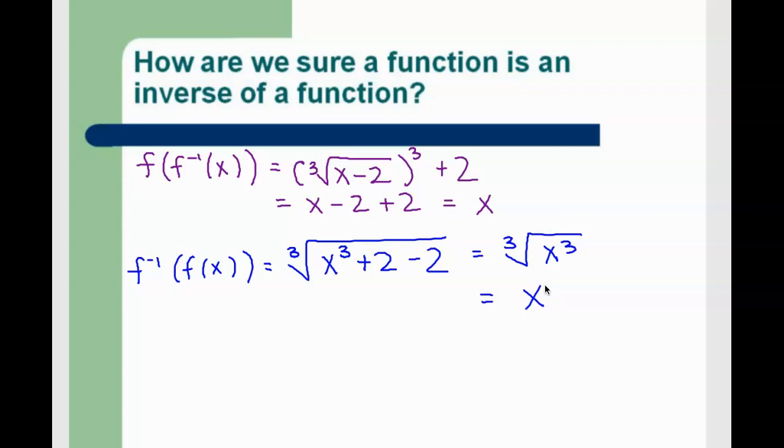So again, the idea is that we are able to find inverses by switching x and y, and then we can determine if two functions are inverses by simply looking at their composition. If their composition is x, then we know that we have found the inverses.